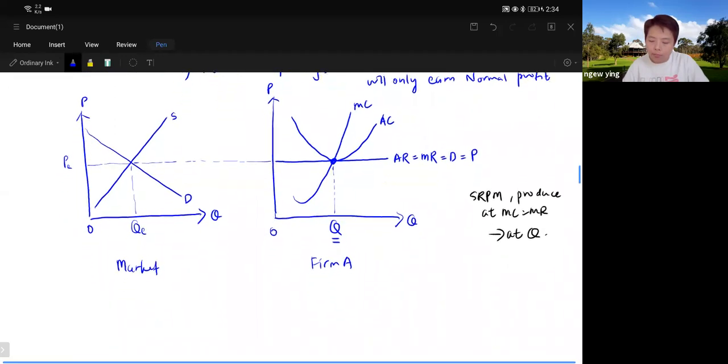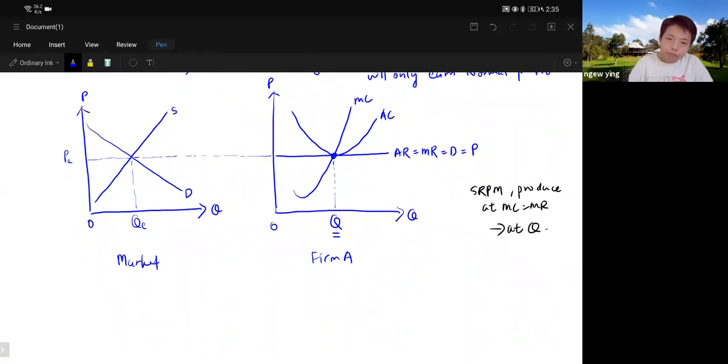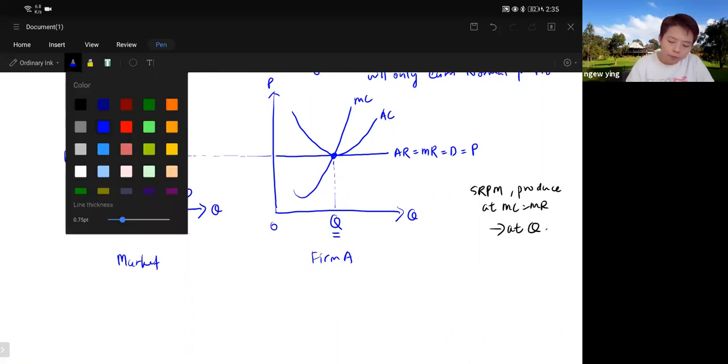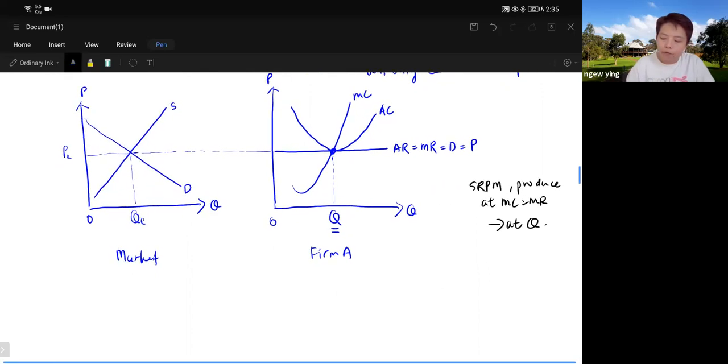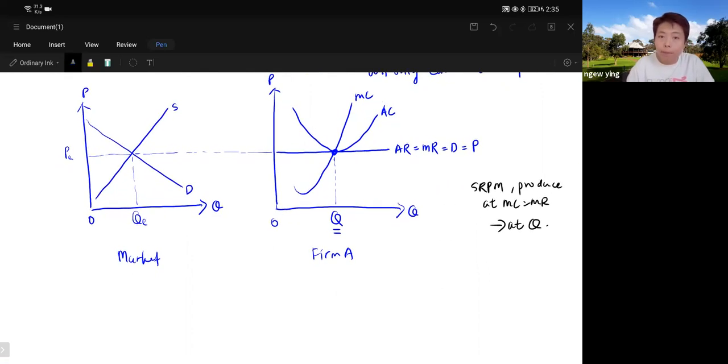So now, moving on, we need to check whether perfect competition firms achieve this kind of efficiency or not. We check based on the firm's equilibrium, which means the level of output where firms settle.